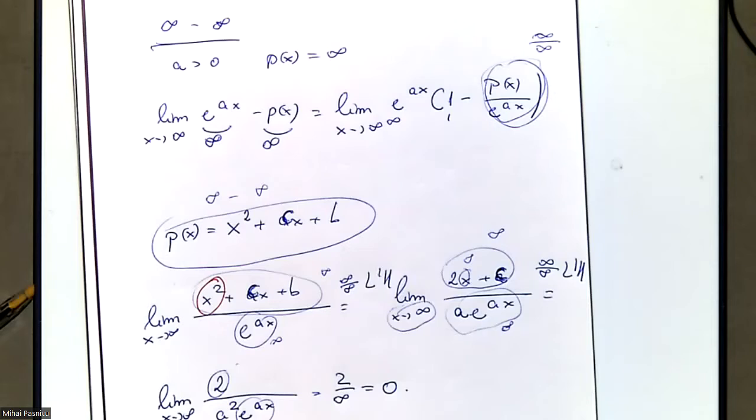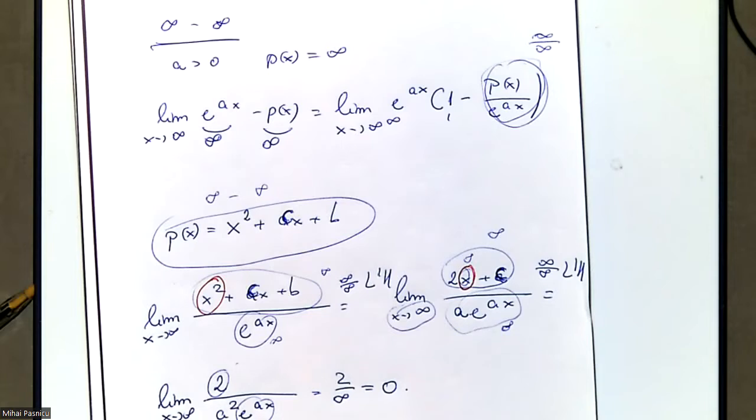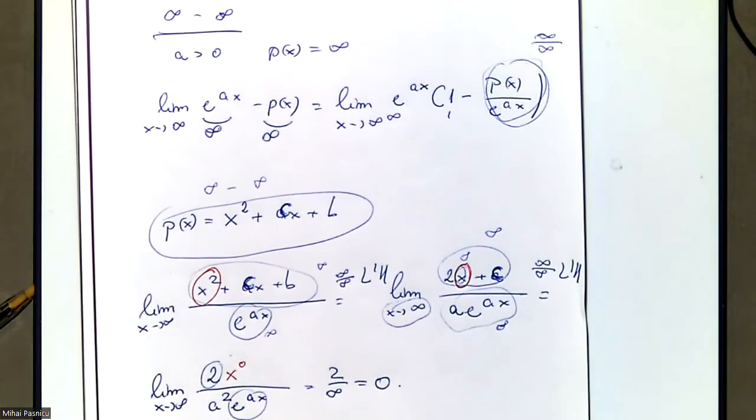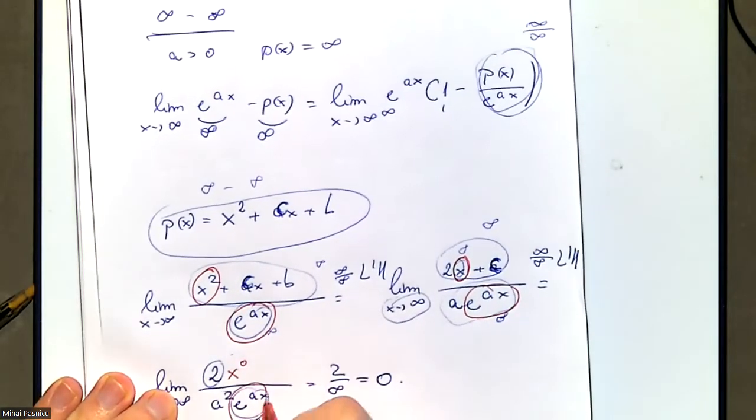I applied L'Hopital to it once. What happened to it? I got x. I applied L'Hopital to it again. I got x to the power of 0 here. Basically just disappeared. Basically just went away. At the same time, look what happened to the denominator, the lower part. e^(ax), e^(ax), e^(ax).